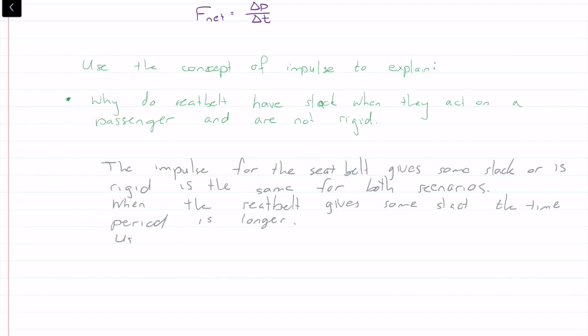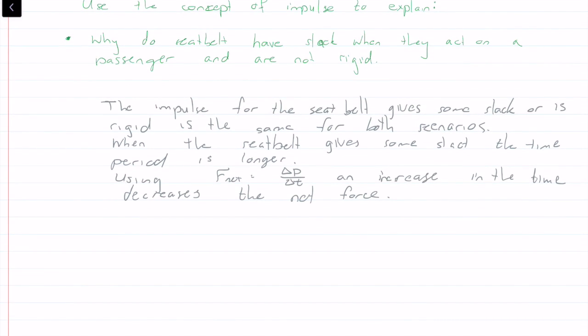And we can say, using F net equals delta P over delta T, an increase in the time decreases the net force. Okay, so less force is experienced. So that's one way of explaining it, or that is how I would go about explaining it. Let's try explain another situation.